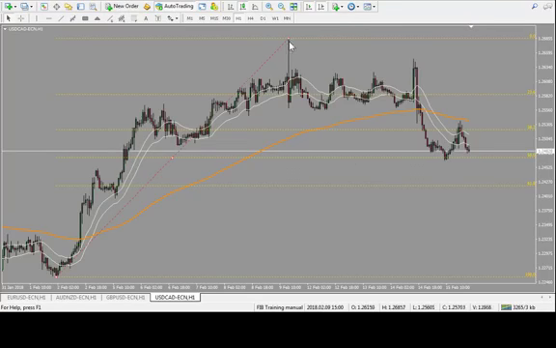So basically, the key that I've found to using Fibonacci successfully is to look at the bigger picture first. So to look at bigger time frames to see what price is doing on a larger scale, and then to come down to a 4-hour or 1-hour chart, or sometimes even lower, and then only once I have confirmation of the overall structure do I then make decisions on the smaller time frames.